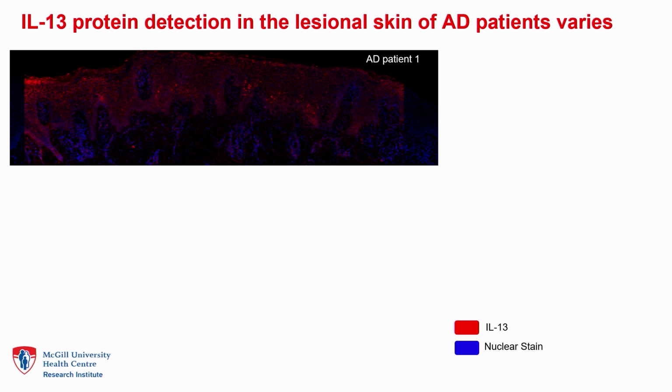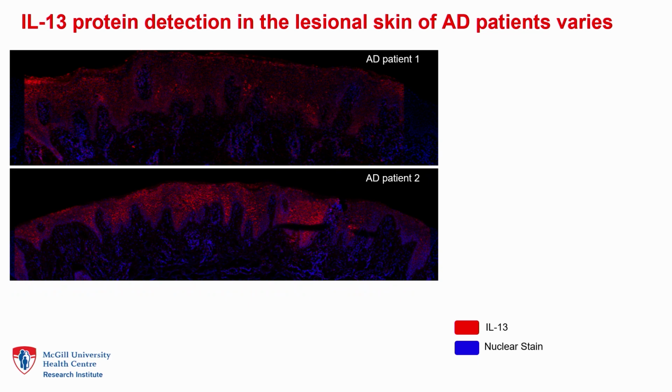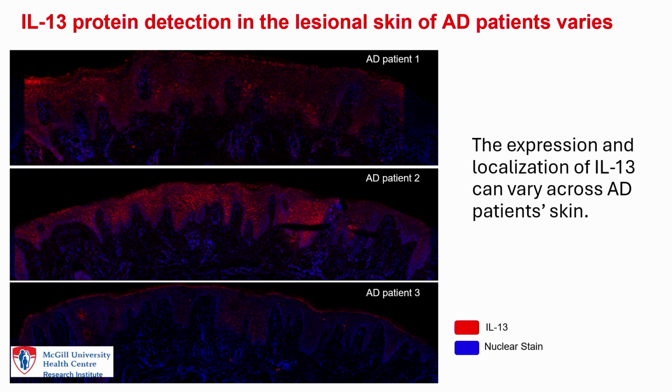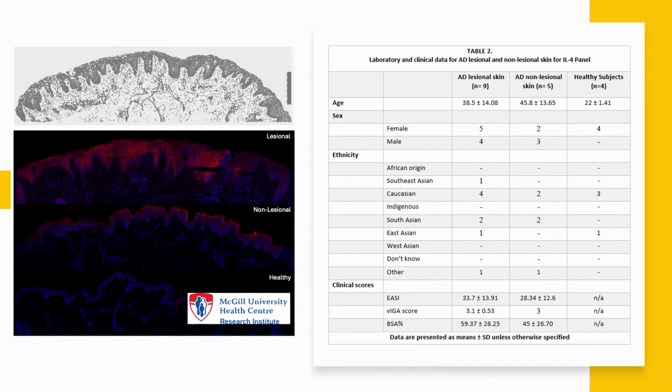So in general, we know that IL-13 protein detection in the lesional skin of AD patients does vary quite significantly, but that it really does concentrate in that epidermal layer. And the work that we do here quantifies protein expression across the entire 5 millimeter punch biopsy tile scan.